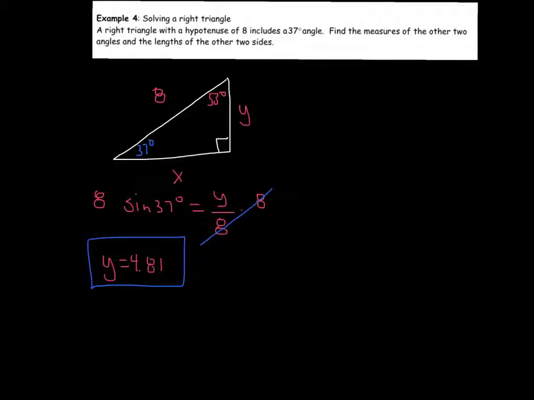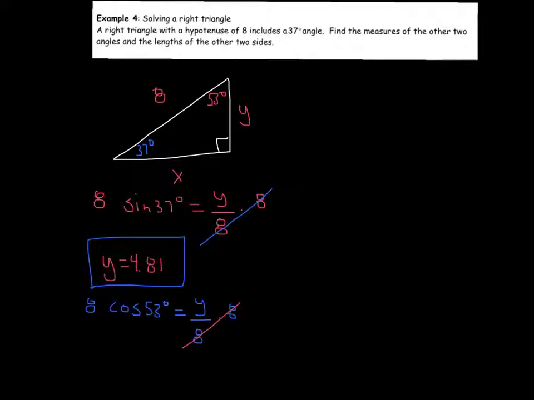So you would have to say cosine of 53 is equal to the adjacent side of 53, which is y, over the hypotenuse, which is 8. And if you multiply both sides by 8, you will see that you end up getting the same answer.